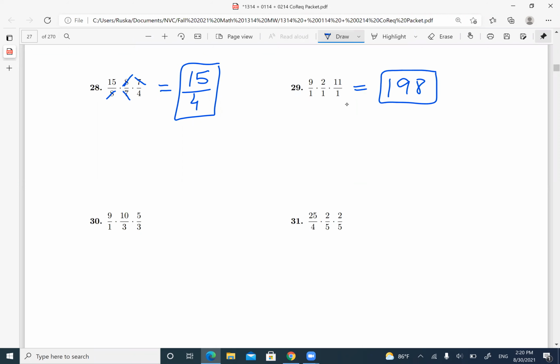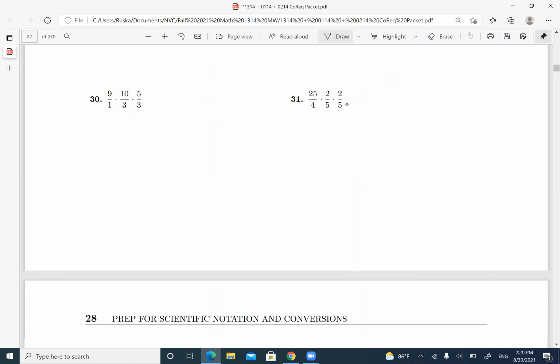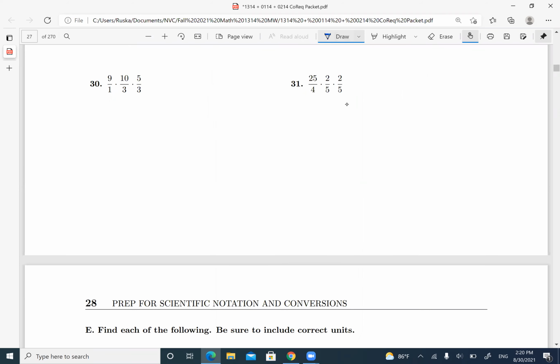Number 30, let's finish everything. Number 30 and number 31. So how do you do that? Number 30, what are you going to reduce? The 3 and the 9. 3 and 9. So reducing, divide by 3, so that's 1 and 3. Okay, something else? What else? 6 and 3, there's no 6.